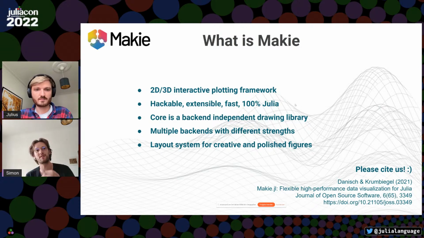So I wanted to do it the other way around, that you add all these high level plotting APIs on top of a simpler API. Yeah, and then you have multiple backends with different strengths. We will show that. And Julius created an amazing layouting system for creative and polished figures.